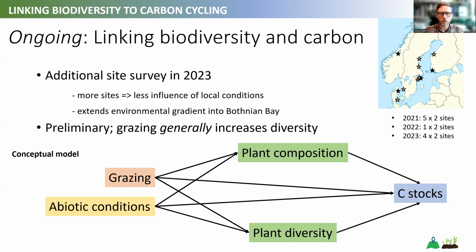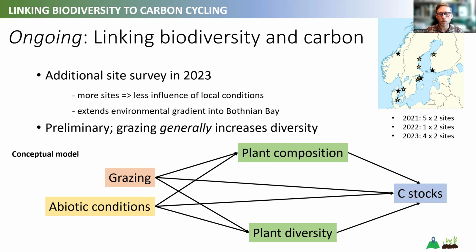So in 2023, we conducted an additional site survey that extends this environmental gradient going up into the Bothnian Bay, and it nearly triples the number of sites that we have gathered. The preliminary results of this data suggest that grazing generally increases species richness in these areas, even though there are some differences in some of the sites.